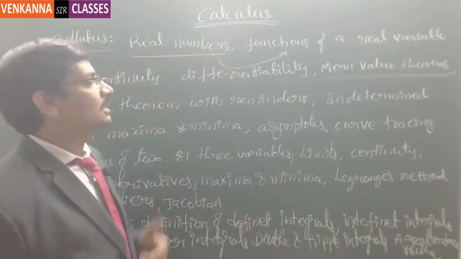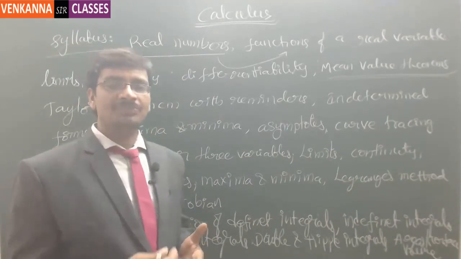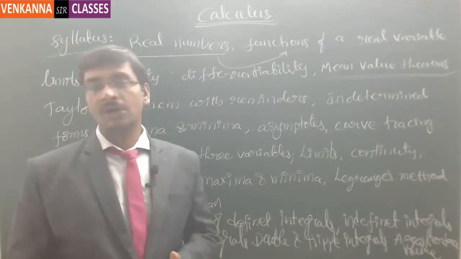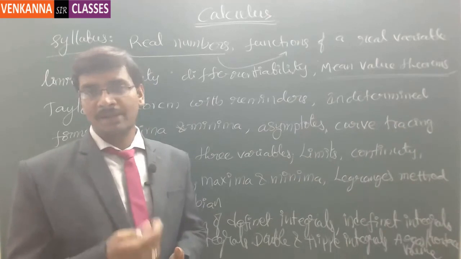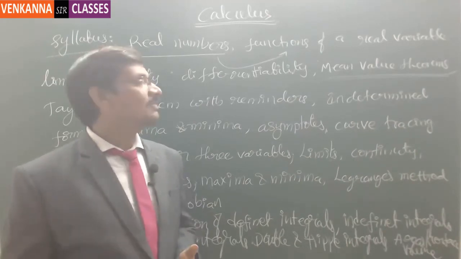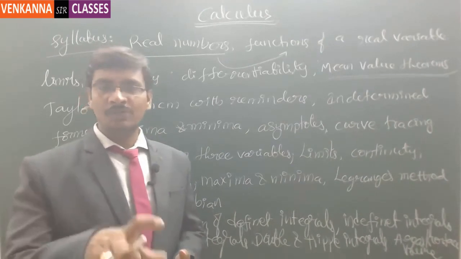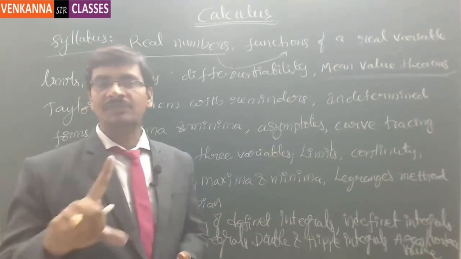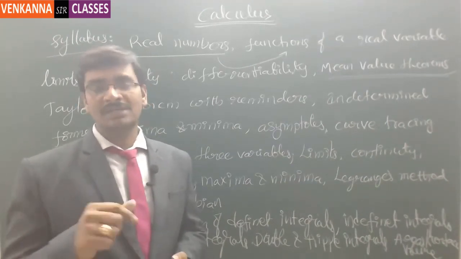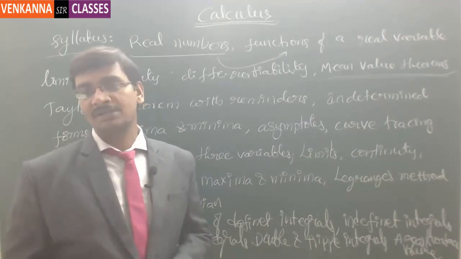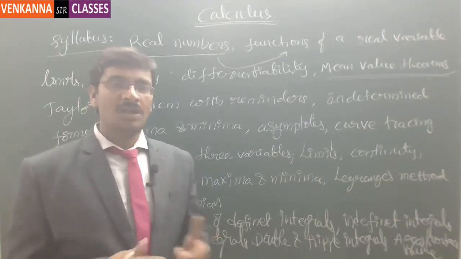From Taylor's theorem we derive something called Maclaurin's theorem. Maclaurin's theorem gives a beautiful technique for our mathematics: if you give me any random function, I will convert it into polynomial format. That is the technique given by the Maclaurin series, which simplifies all our mathematics.